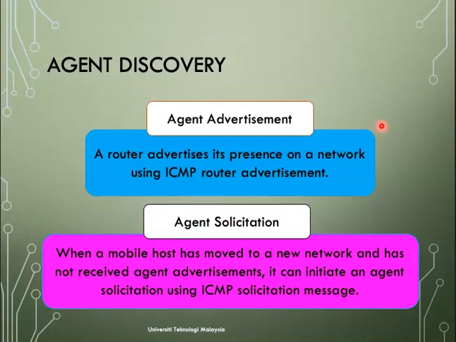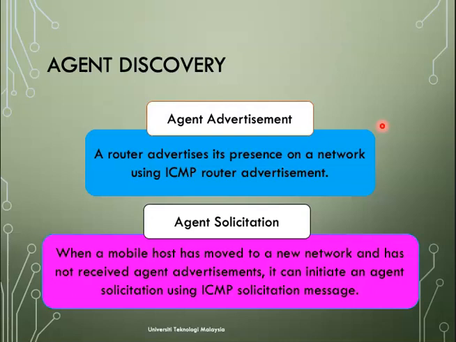For agent advertisement, a router advertises its presence on a network using ICMP router advertisement. Recall that in ICMP we have learned about router advertisement; it can append an agent advertisement to the packet if it acts as an agent.